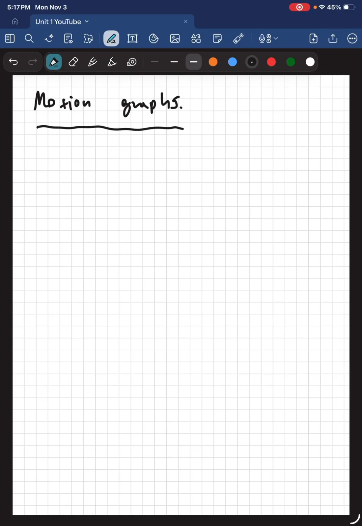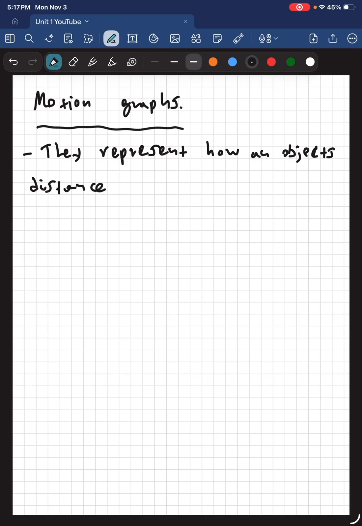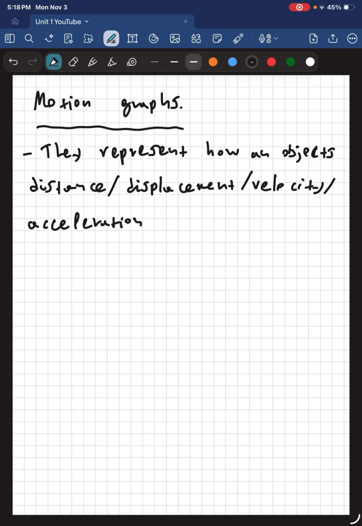So what are motion graphs? They represent how an object's distance or displacement or velocity or acceleration changes with time.